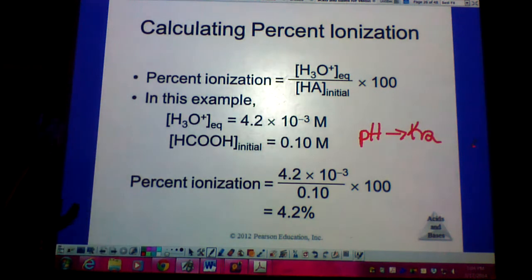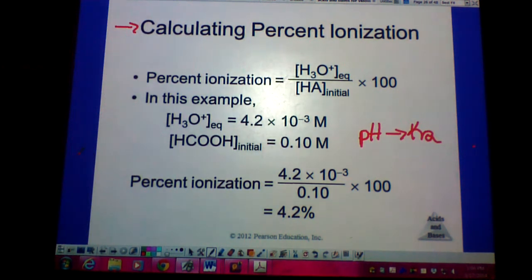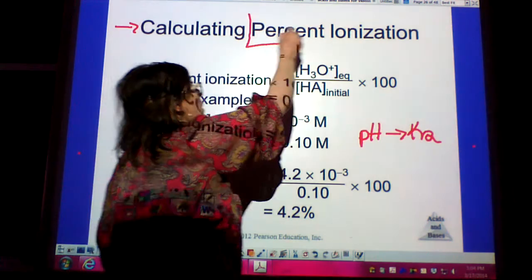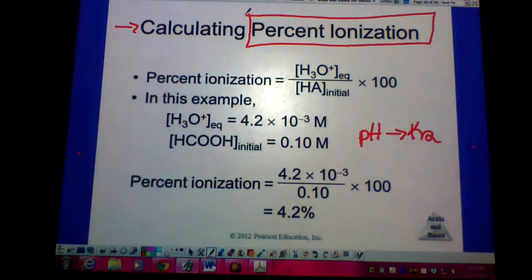But there's another piece of information that we can calculate when we're talking about concentrations, and specifically we call this percent ionization. How much of the acid did we really get to ionize or dissociate in water?